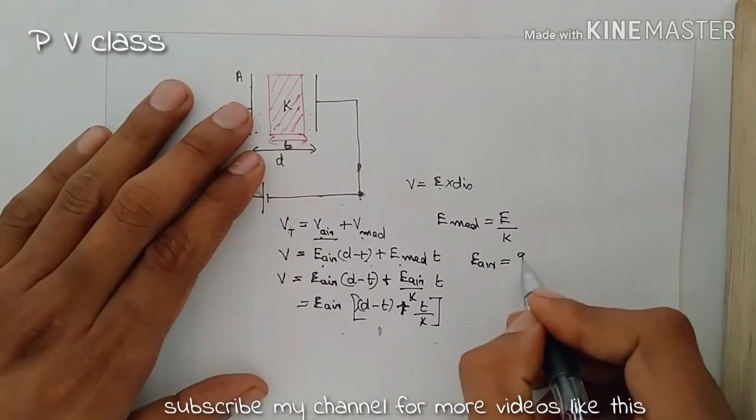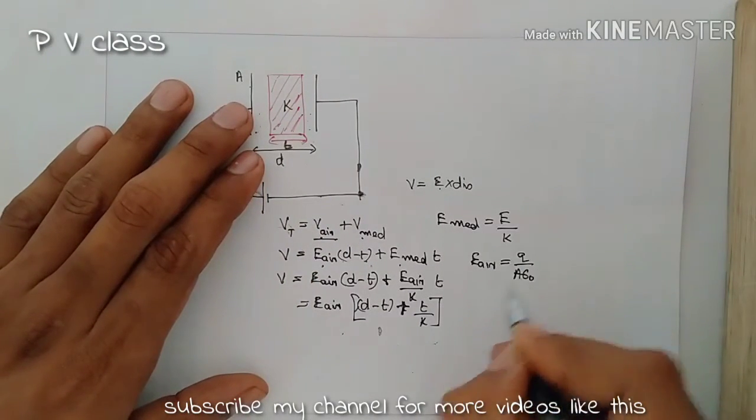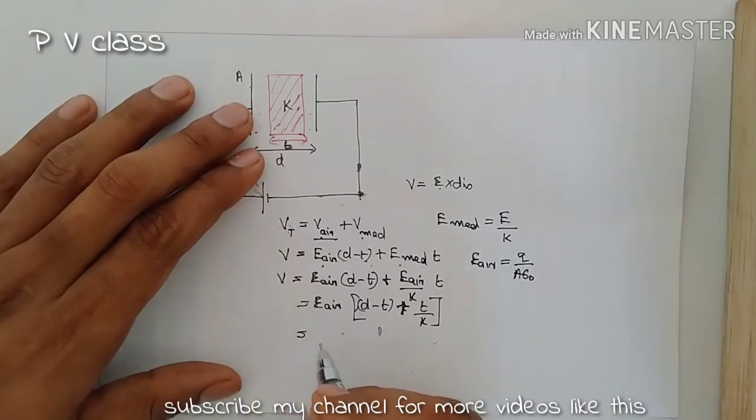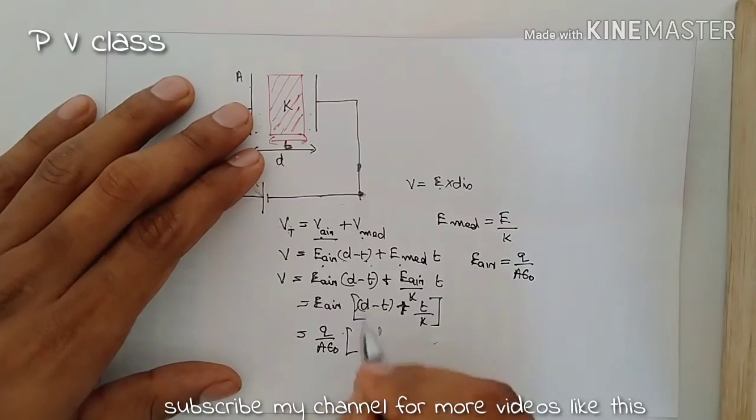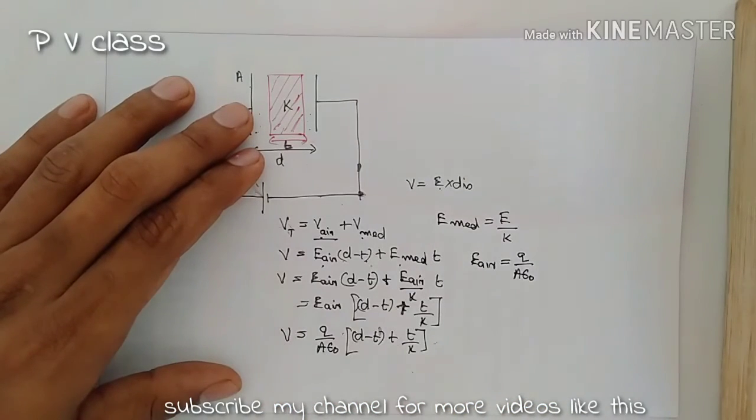Therefore, potential is Q by A epsilon 0 into D minus T plus T by K.